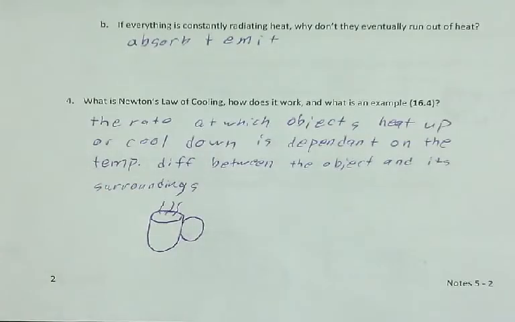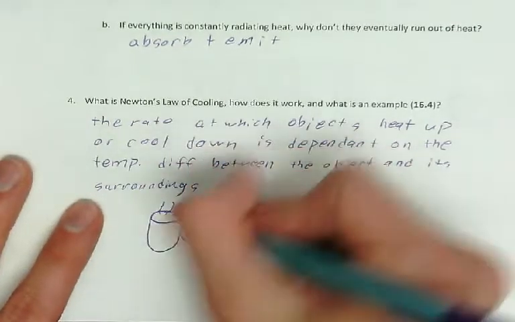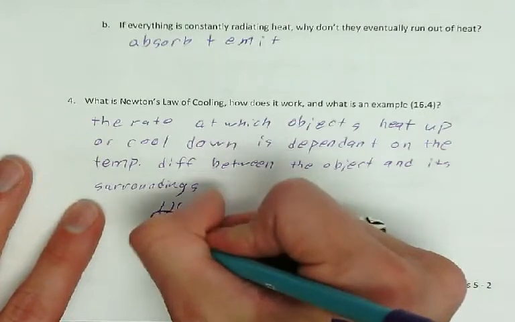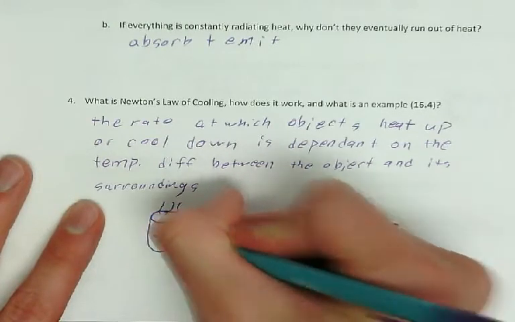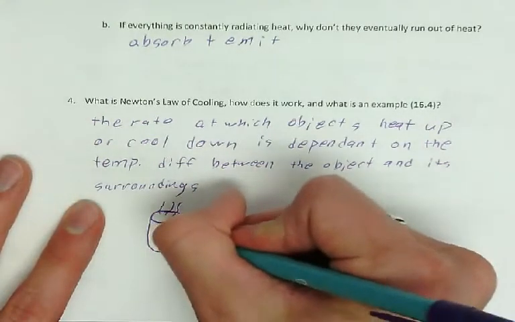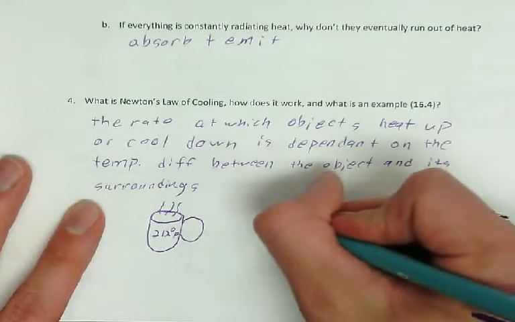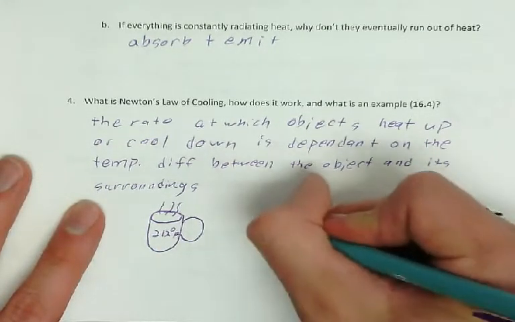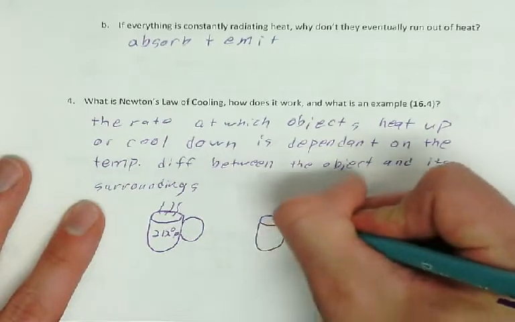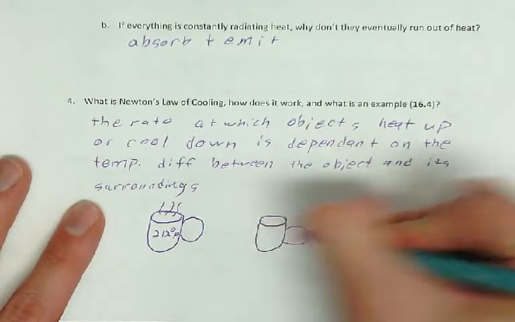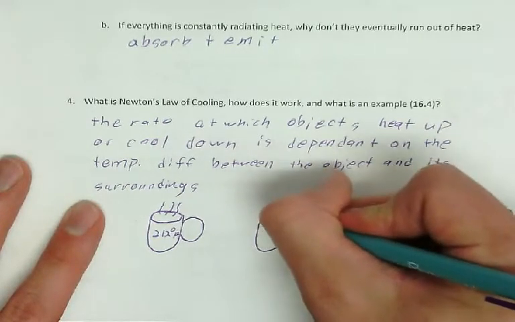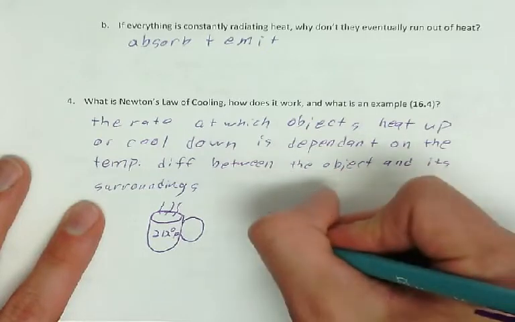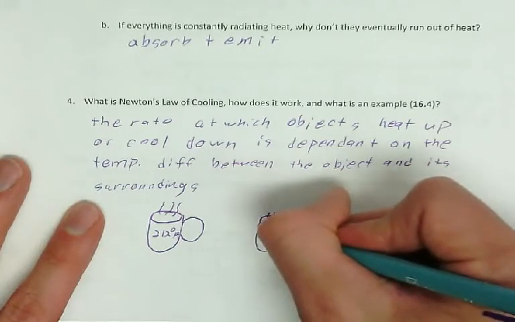And I need my cup of coffee to go from way too hot, which is 212 degrees Fahrenheit. That's a hot cup of coffee. And I needed to go to something more realistic, like maybe 100 degrees Fahrenheit. So it's just little wispy heat going on there.